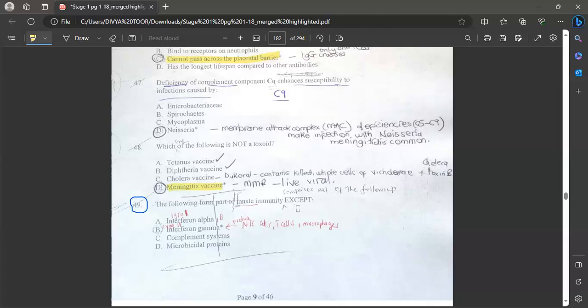The alpha interferon in various formulations has been developed as therapy of several forms of cancer and viral infections, but its major use has been as a therapy of chronic hepatitis C. They've confirmed it's part of the innate.